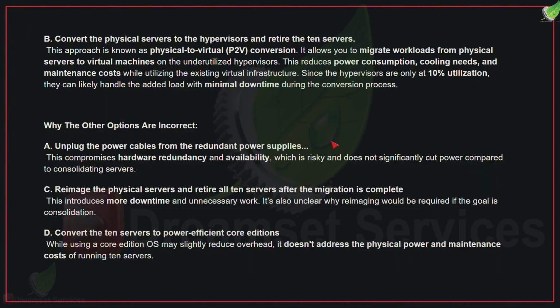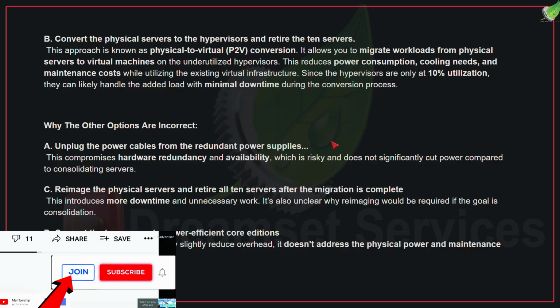D. Convert the 10 servers to power-efficient core editions. While using a core edition OS may slightly reduce overhead, it doesn't address the physical power and maintenance costs of running 10 servers. Therefore, the correct answer is B. Convert the physical servers to the hypervisors and retire the 10 servers.